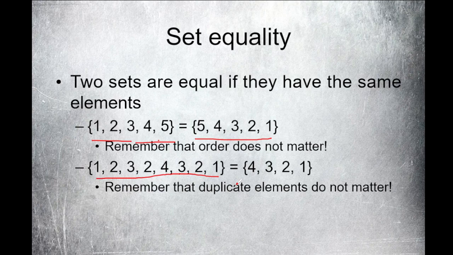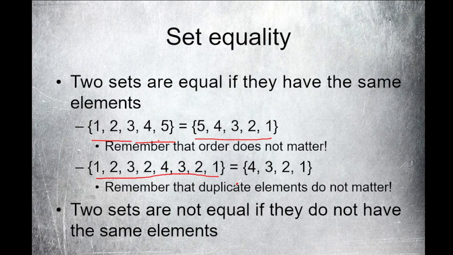Duplicate elements will not matter in this case, and if they do not have the same elements, then we can say that they are not equal. Like here, 5 is not there in the other set, so we can say that they are not equal.